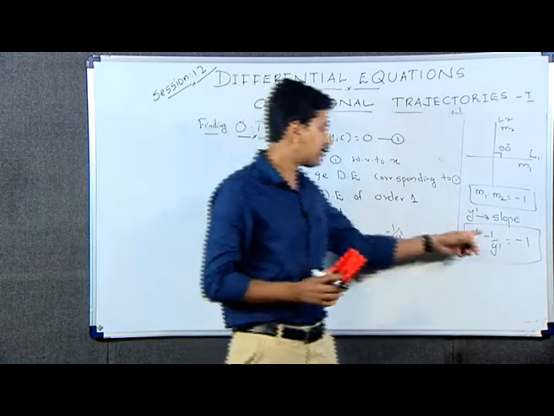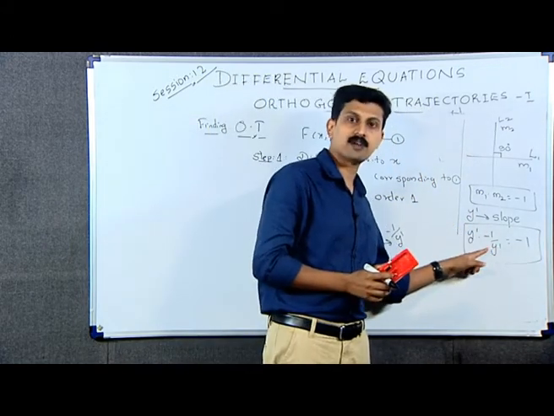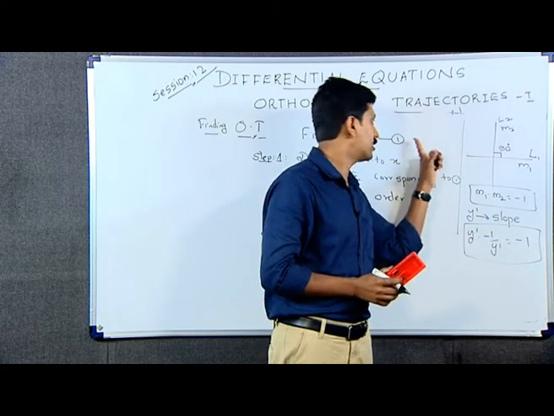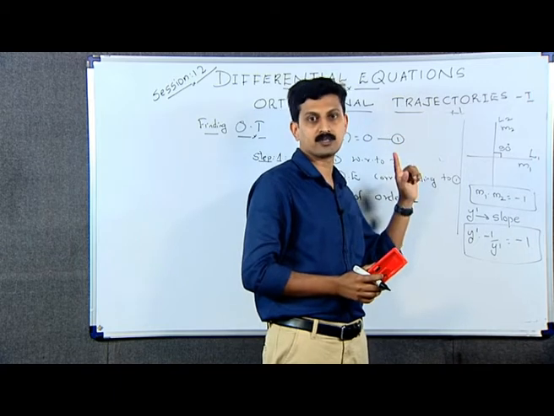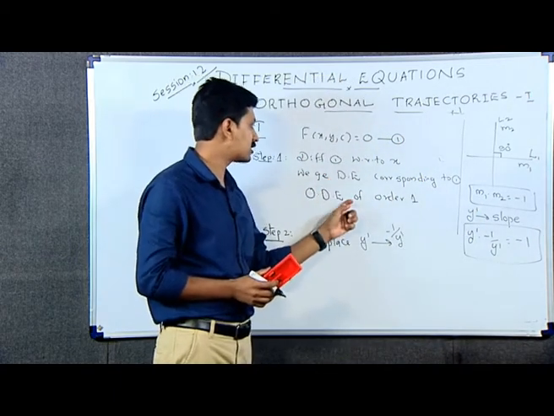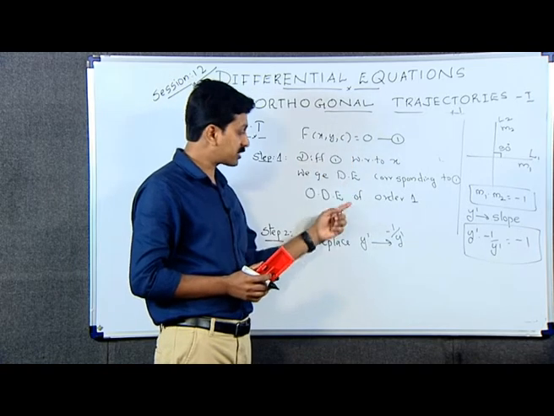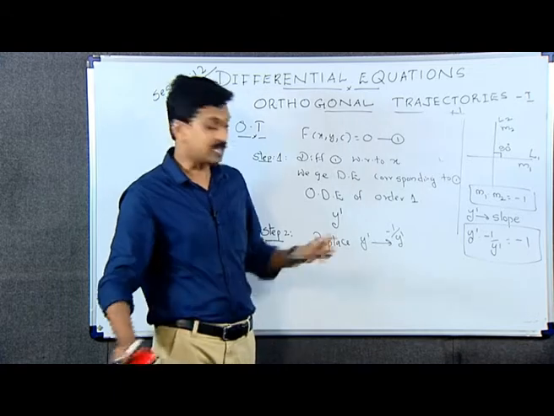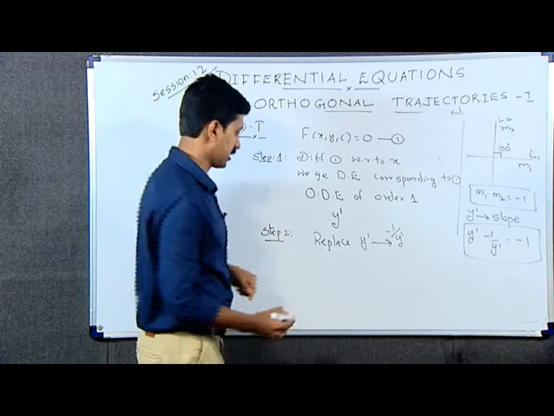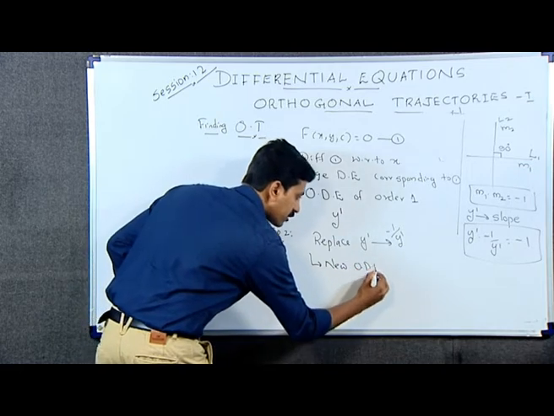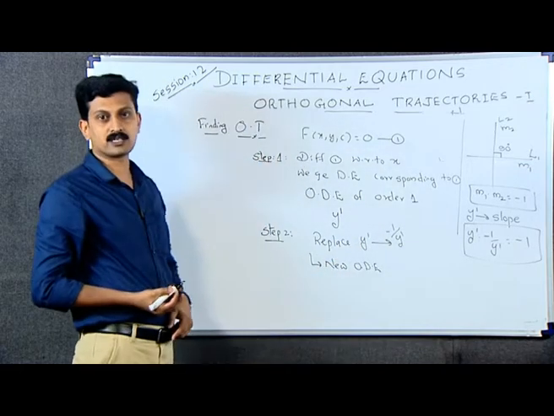Actually, we need to find a curve which is orthogonal to the given family of curves. That is why we differentiate. We will have a differential equation corresponding to 1, and we change y dash into minus 1 by y dash. That means we will have a new first order ordinary differential equation.